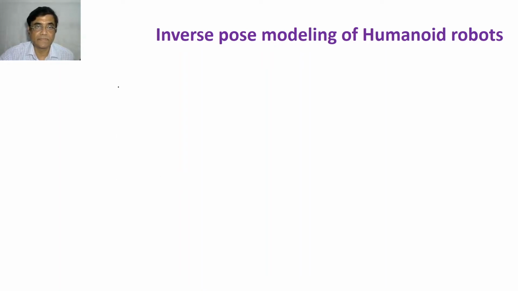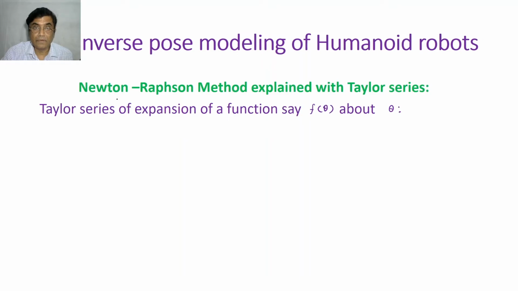Say we have a function again, f of theta, a single variable function about theta, and about theta we are trying to find the solution. Theta could have any value. I can make a Taylor series expansion of this function, as you know. If you do not know, you know now.